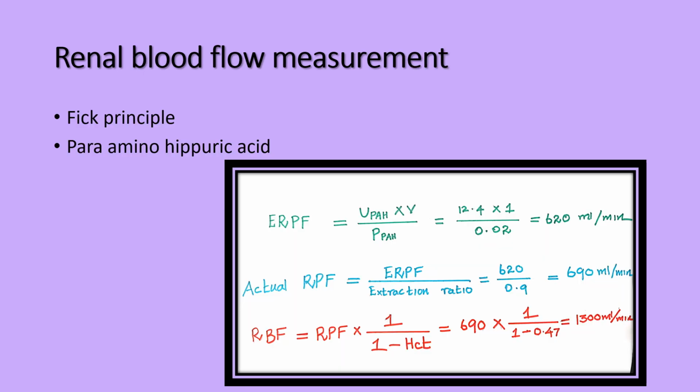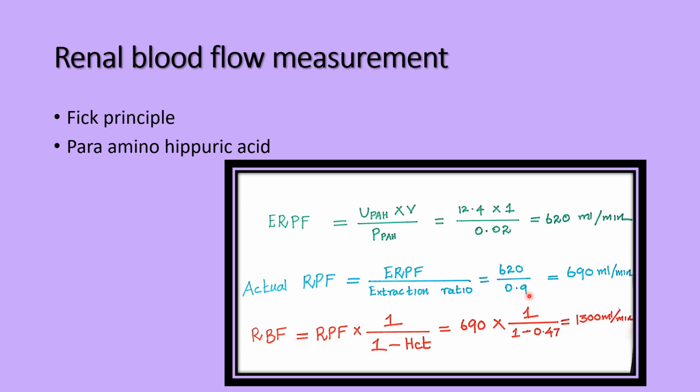Renal blood flow is measured by the Fick principle using the indicator para-aminohippuric acid. First, the effective renal plasma flow is calculated by this formula: urinary PAH concentration times volume of urine divided by plasma PAH concentration. Urinary PAH 12.4, here 0.02 into 1, it is 620 ml per minute. Actual renal plasma flow is effective renal plasma flow divided by the extraction ratio.